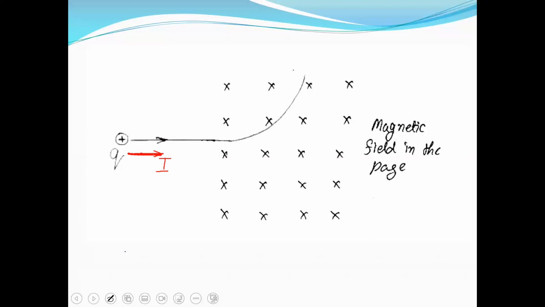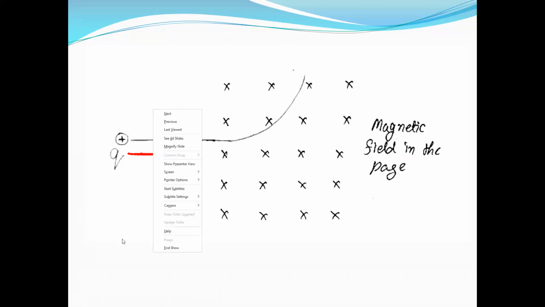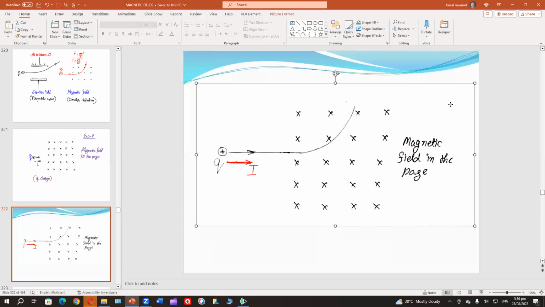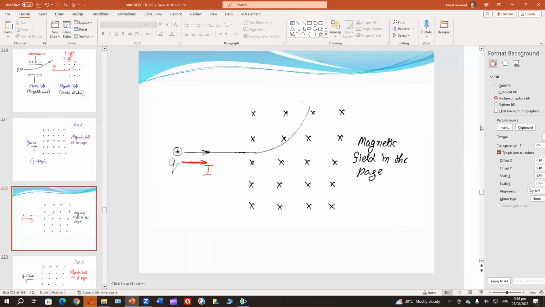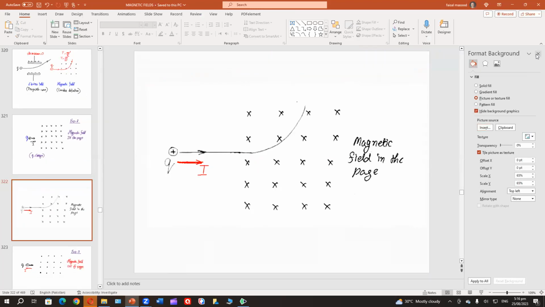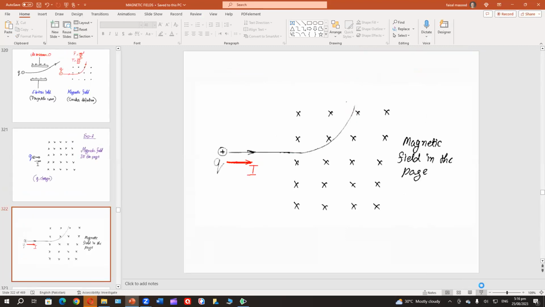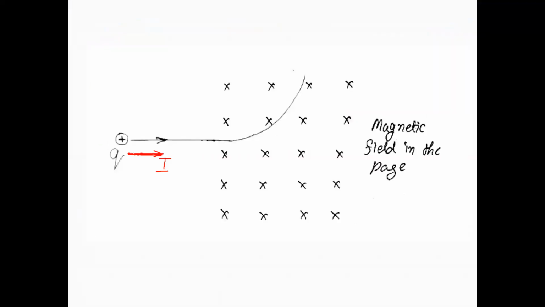If the current is in the right direction and the magnetic field is into the page, and if you apply the left-hand rule, you will get a direction which is upward. You have to update the same screen. Done, sir.